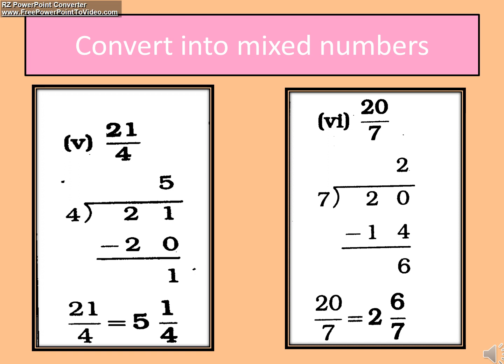Okay. So therefore 20 upon 7 is equal to 2 plus 6 upon 7. I hope, students, you have completed writing and you have solved the sums. Those students who have solved the sums, I hope you have corrected the sums.